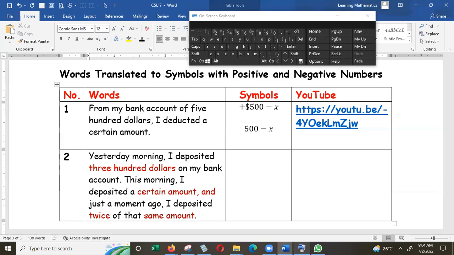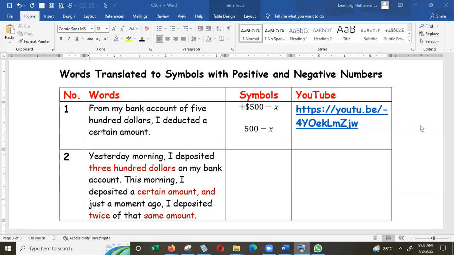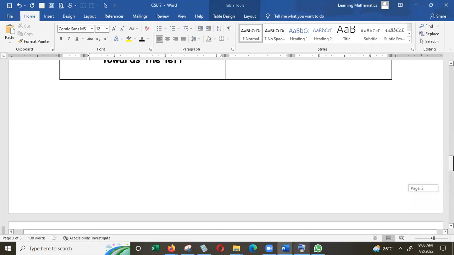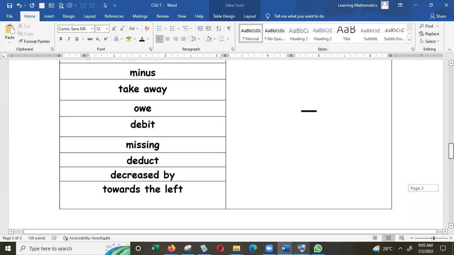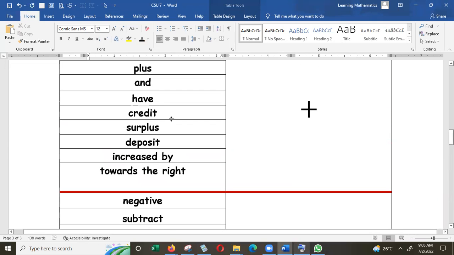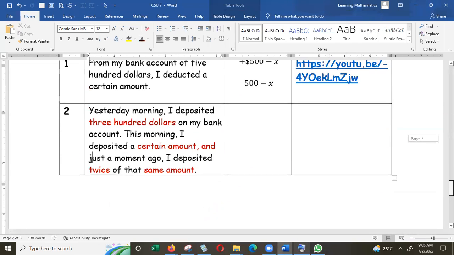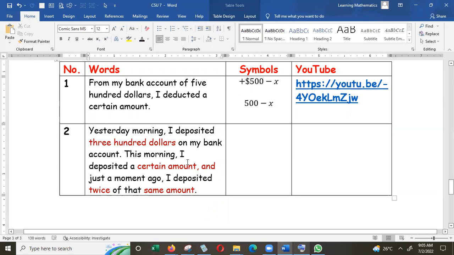Because when you say and, it's like you add in, okay? 1 and 2. So here it is, and has its translation, which is the plus sign. So this little paragraph there can be translated symbolically.